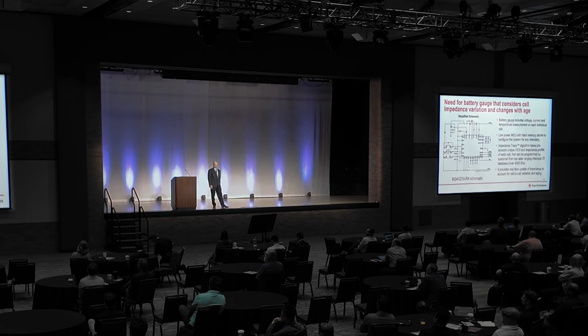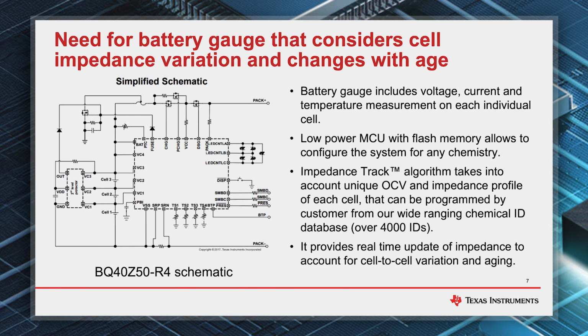This can be done if you have a gauge that measures the voltage across the cell, a temperature across the cell, as well as has a powerful MCU that can model all the needed processes, flash memory that allows you to update the battery parameters, and also the smart algorithms that allow you to continuously update the parameters of the battery, such as the capacity, impedance, and finally provide you the prediction of remaining capacity that allows you to shut down only when you need to, and definitely not earlier than that.